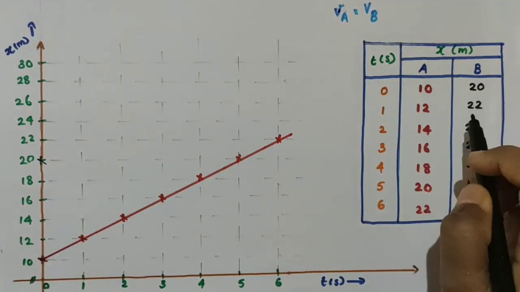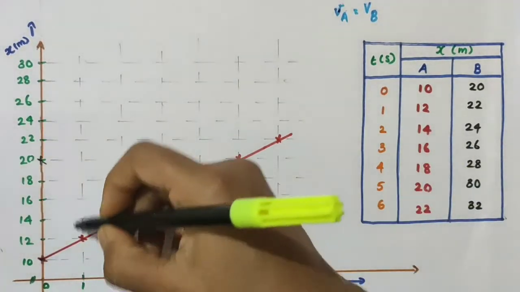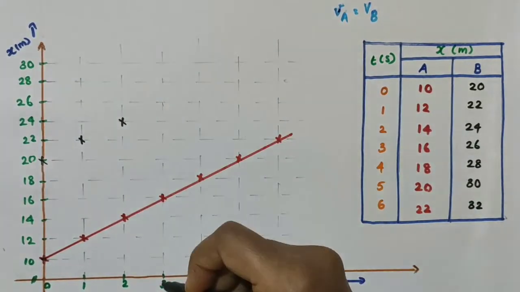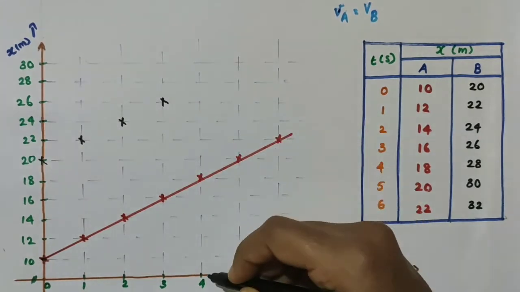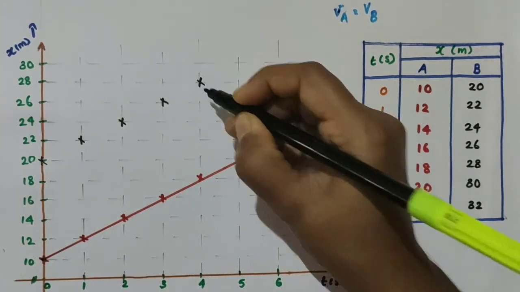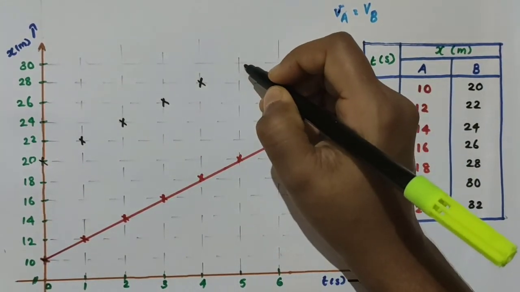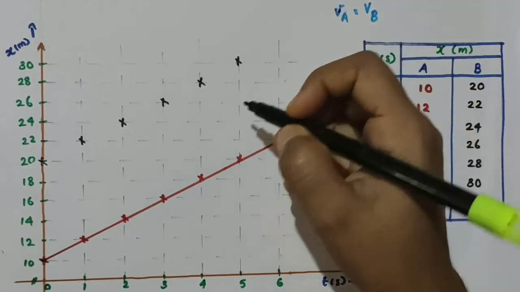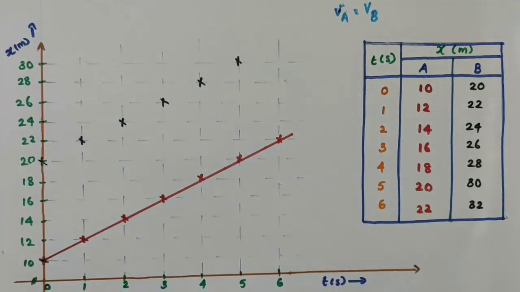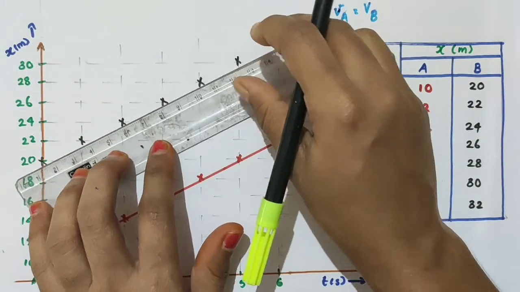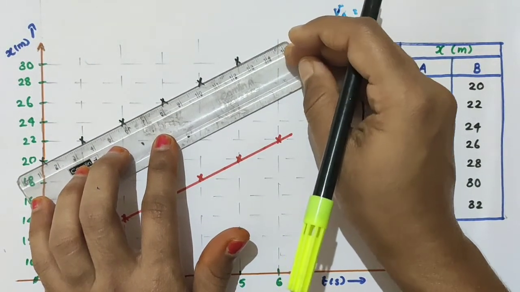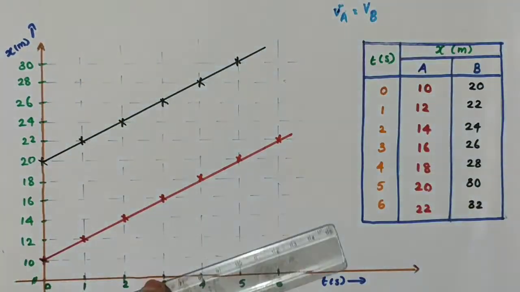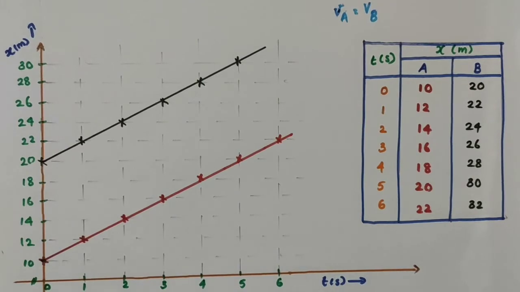Then at t equal to 1 second, 22 meters; 2 seconds, 24 meters; 3 seconds, 26 meters; 4 seconds, 28 meters; 5 seconds, 30 meters; then 6 seconds, 32 meters. I am marking only these points. Now when we join all these points, you see we are getting a straight line like this.